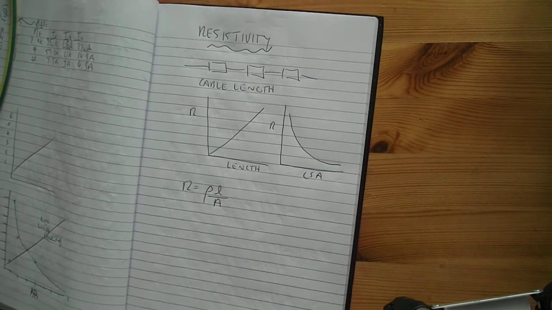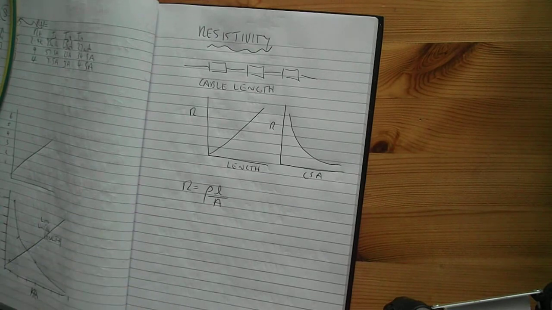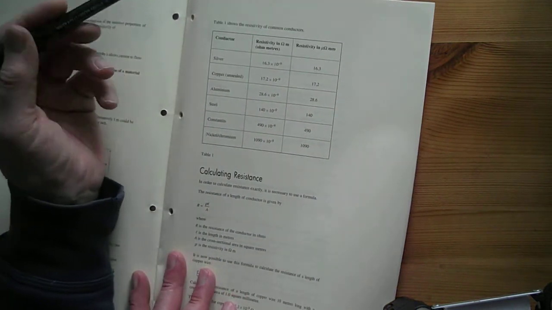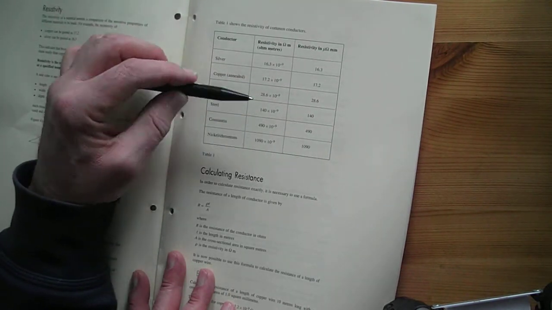The resistivity of a material varies from material to material, and you can see on this chart that the different materials have different values of resistivity.